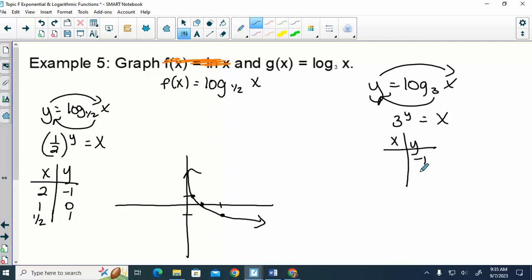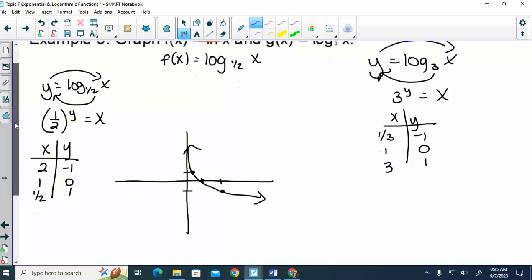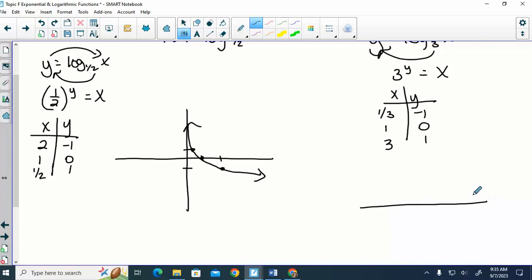So y is the exponent, so that's what we plug in the -1, 0, and 1 for. 3 to the -1, 3 to the 0, 3 to the first. Points: -1, 0, 3. Again, you have a vertical asymptote, just like the exponential always has a horizontal asymptote.